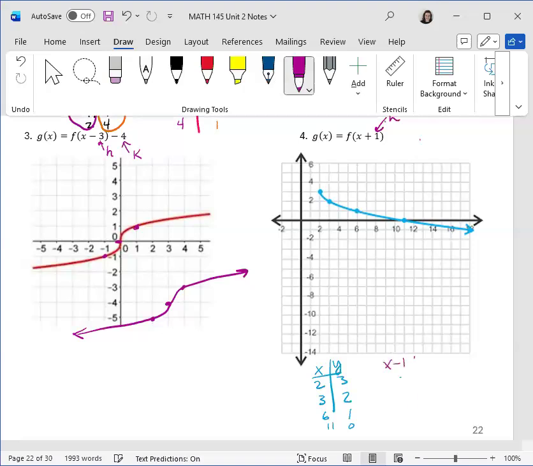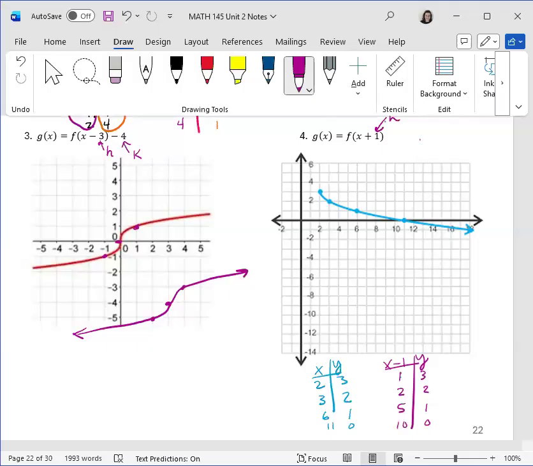So X minus 1, the Y values would not change. So I'm just going to pull those Y values over first. I'm going to subtract 1 from each Y value. So 2 minus 1 is 1, 3 minus 1 is 2, 6 minus 1 is 5, and 11 minus 1 is 10.